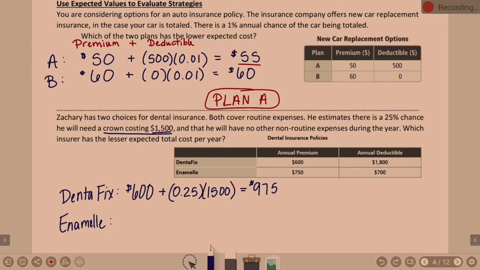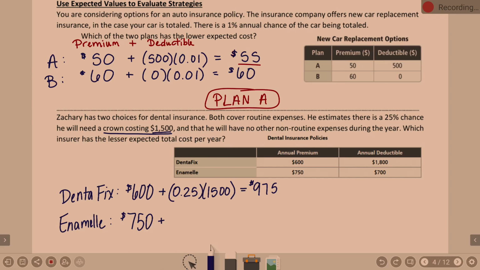Now, enamel. What do we know? We know, no matter what, just to have the insurance, he's paying $750. Then there's a 25% chance that he's getting a crown. What about the crown this time? He only has to pay $700 of that crown if he gets it.